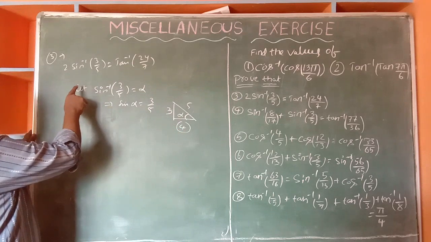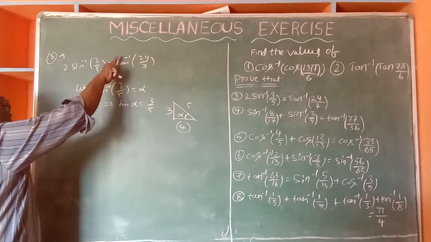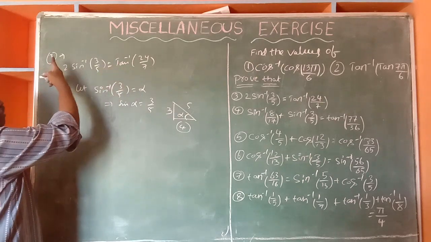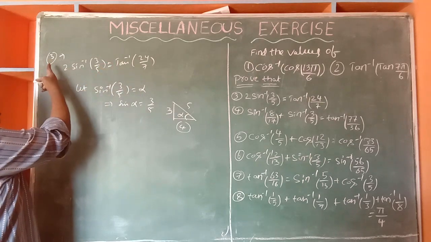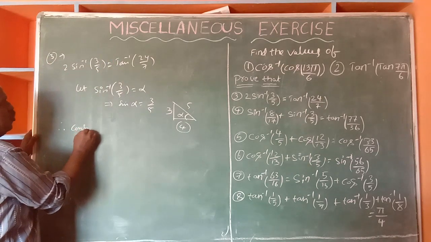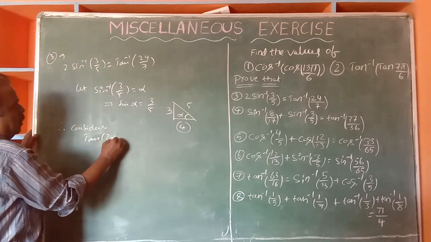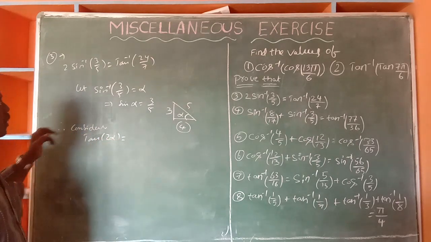Now it is 2 alpha. We have to prove tan inverse, so tan inverse comes to this side, it is tan 2 alpha. Therefore, we consider tan 2 alpha.